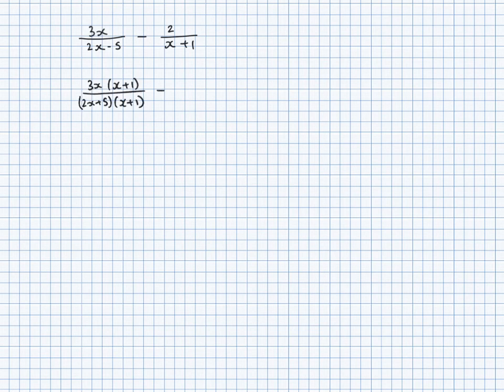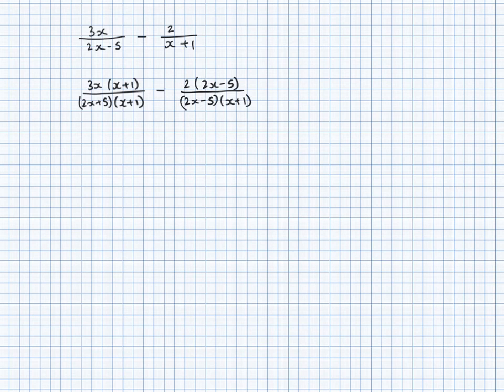And the second fraction is going to be multiplied by 2x take away 5 in the numerator and denominator. So we're going to have 2 times 2x take away 5 over 2x take away 5 times x plus 1.